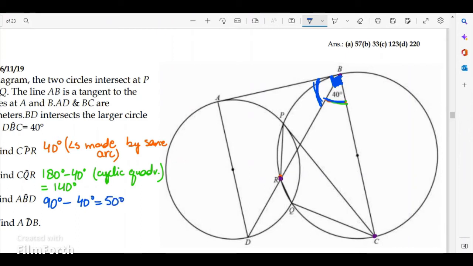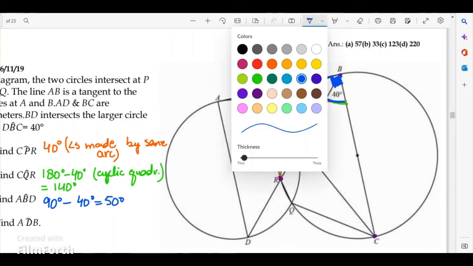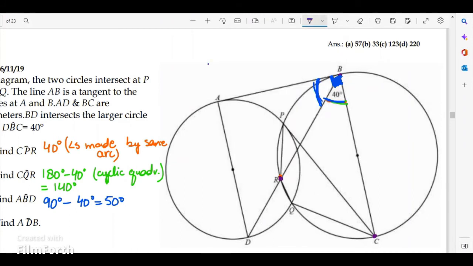Next, ADB is what we are interested in. ADB is all the way down here. Now again, this lies in this triangle. So I'm just looking at triangle ADB right here. And by the way, if you notice again, this was the center of the circle. This AB is a tangent, so this would be a 90 degree angle.